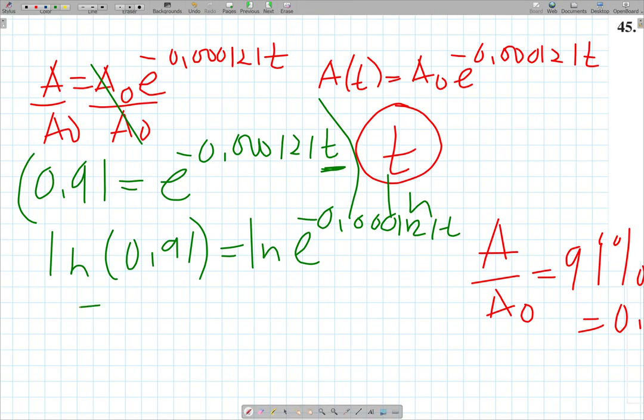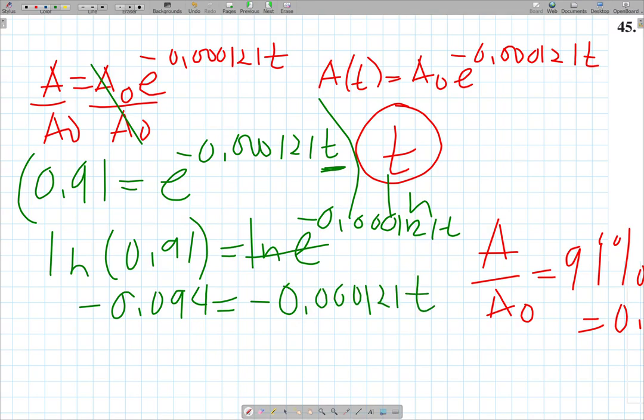Right? So, negative 0.094 equals, so this one we can cancel out, no? Properties of natural logarithm. Sa baba na yan, negative 0.0000121 T. So we are solving class for T.